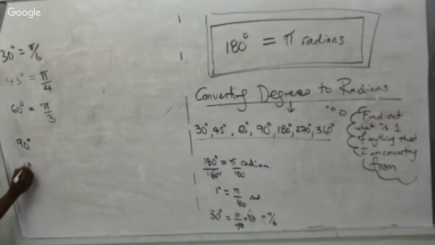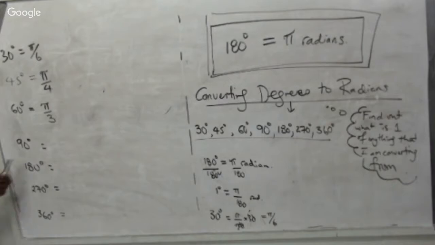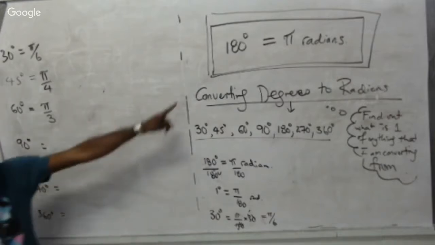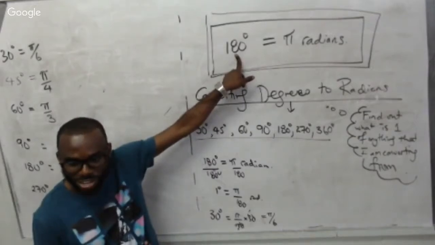Another thing that will present itself very readily are these. Quickly tell me what is 90 degrees. Pi upon 2. Yeah, pi upon 2. Somebody confirm. Well, you can say, all right, what do I need to get 90 from 180?